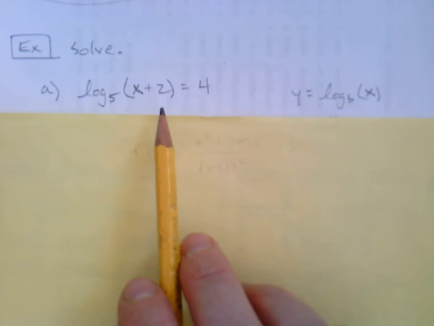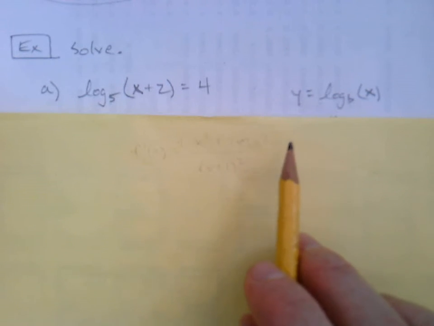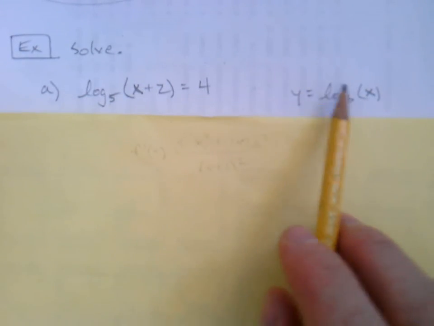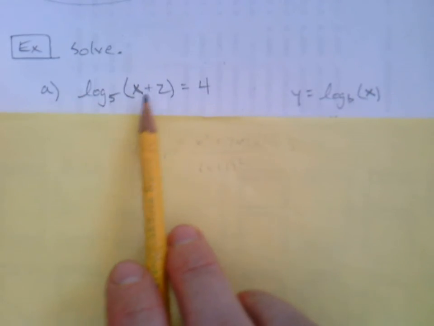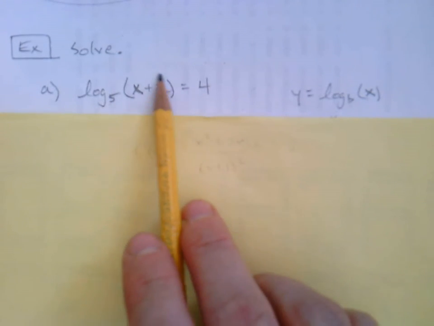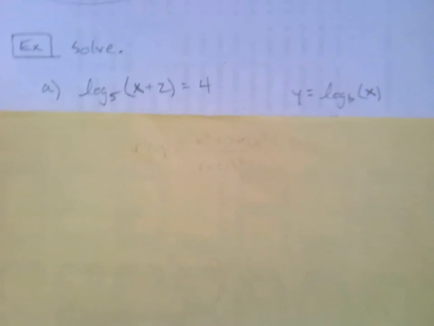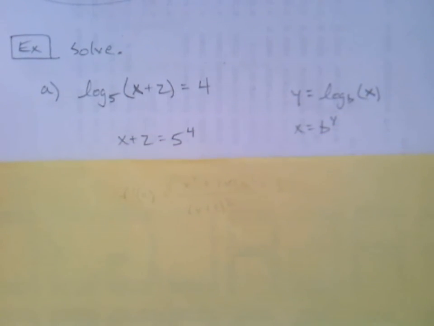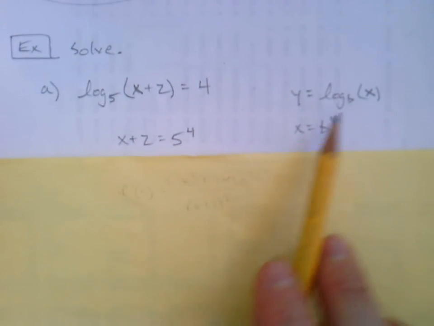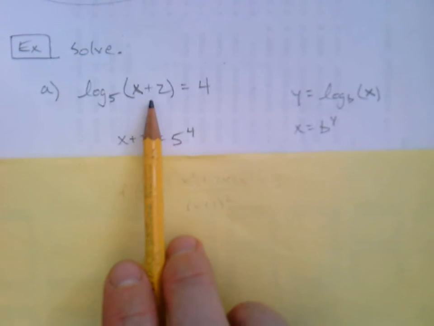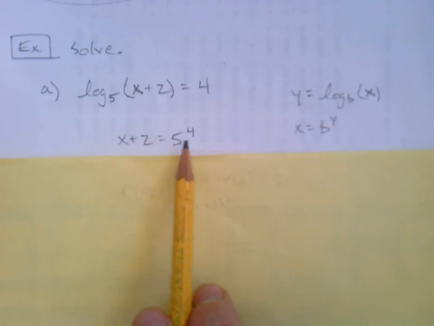We're going to begin by rewriting it in the x equals b to the y form. So if we just match all the parts, that's my x, if you will, x plus 2. I've got my b, I've got my y. So following the same pattern, x plus 2 equals 5 to the 4th.